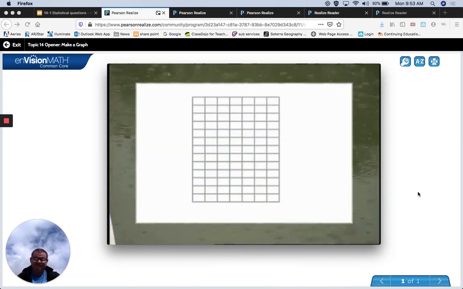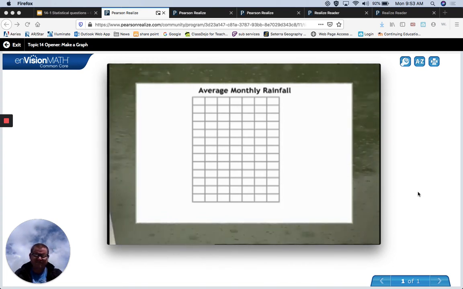First, a title. Let's use something catchy like average monthly rainfall. It's straight and to the point. Next, we need to add the labels. At the bottom, we add the label months, and then we list the months January through June on the x-axis.